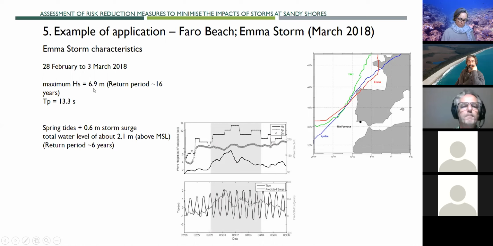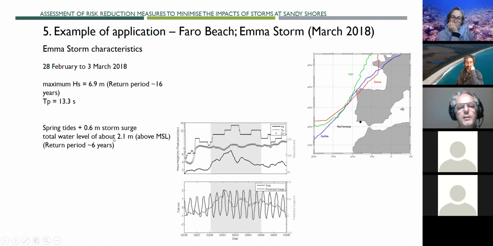This storm had a maximum wave height of almost 7 meters, with an estimated return period around 16 to 20 years for the wave height, and a peak period of 13 seconds. And then it was during spring tides with a 60 centimeter storm surge.